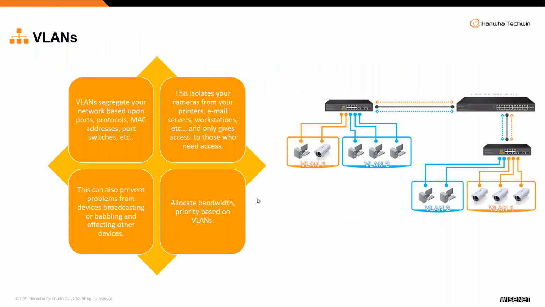Okay, VLAN. I don't know if you're aware, VLAN is where you are splitting the network into multiple networks, segregating the networks. So all the computers or clients will be in one section, and the cameras and main server will be on another network.